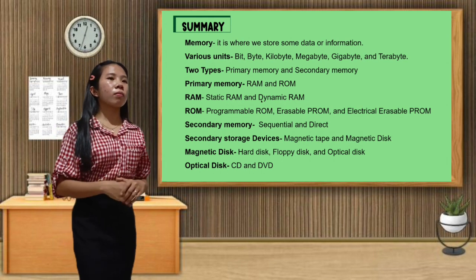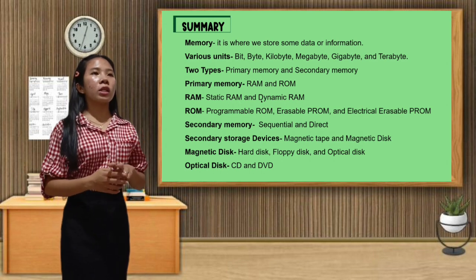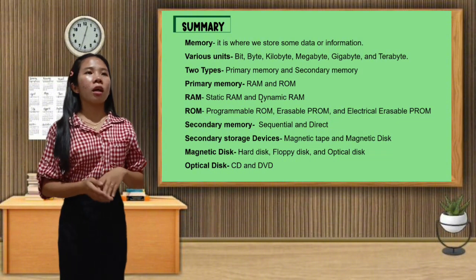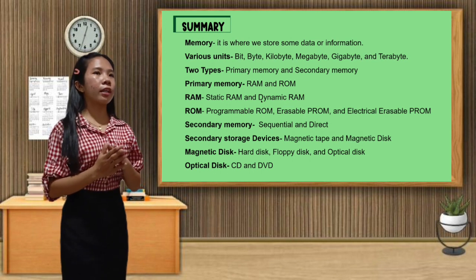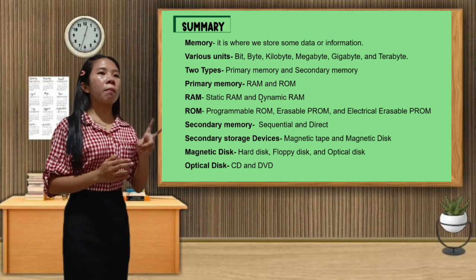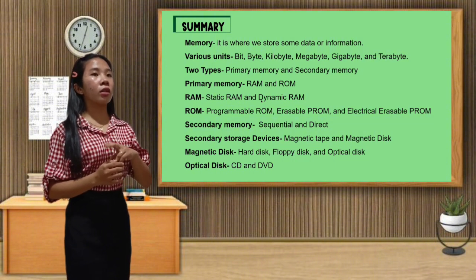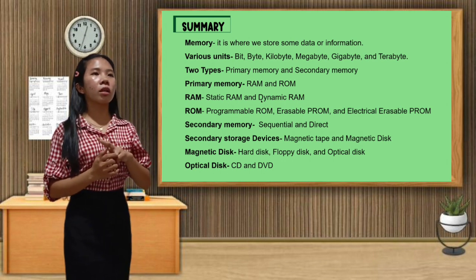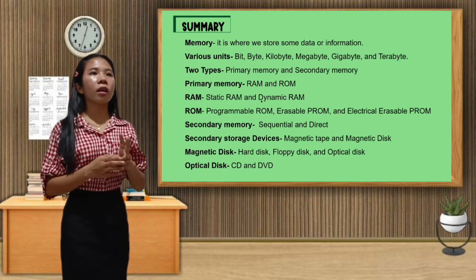And memory is classified into two types, which is the primary memory and secondary memory. And primary memory is further divided into two parts, which is the RAM and ROM. RAM is further classified into two parts, the static RAM and the dynamic RAM.